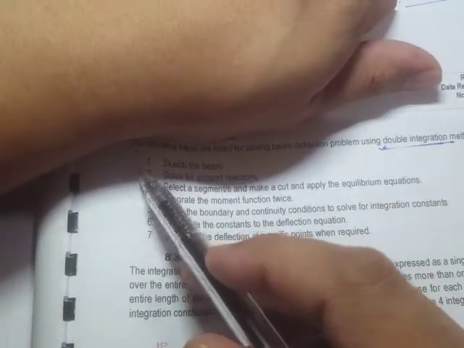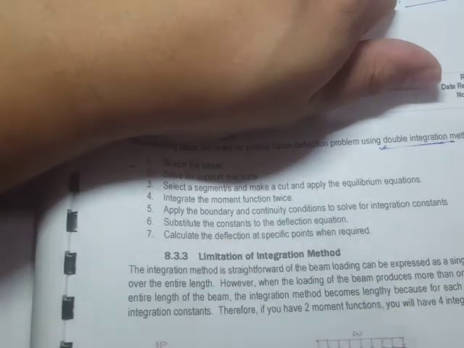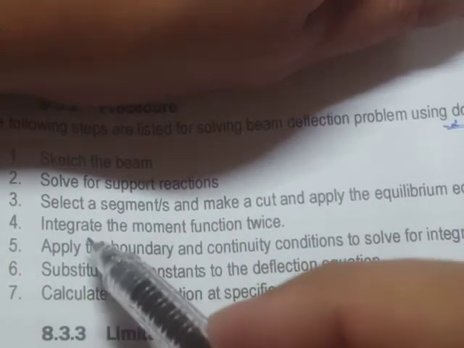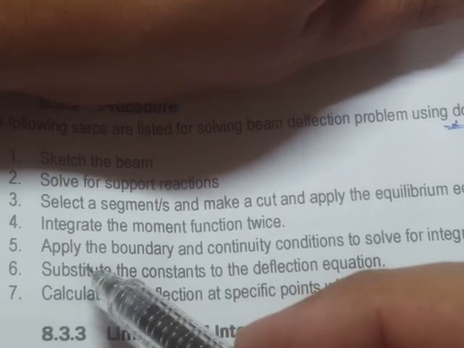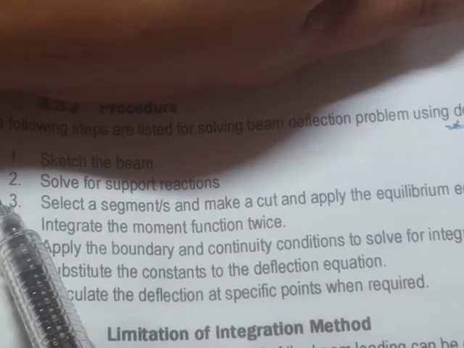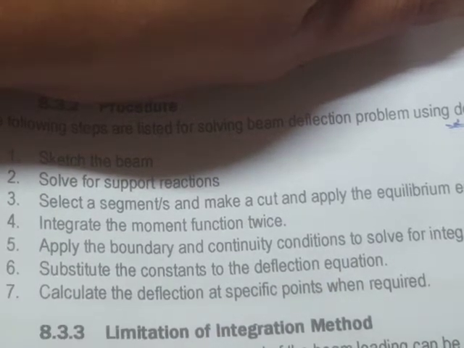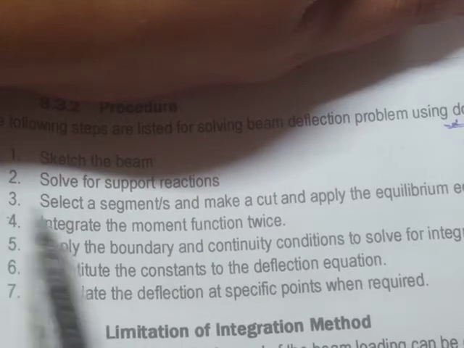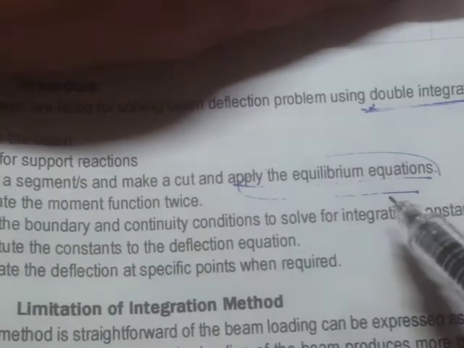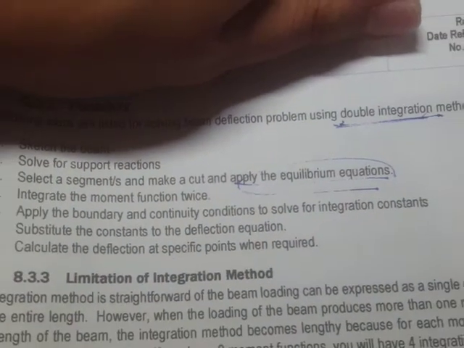So first we need to sketch the beam. That's the first step, so at least we can have a preliminary visualization of the deflection. Then we need to solve for the support reactions, then select segments and make a cut and apply the equilibrium equation so that we can obtain the moment functions.